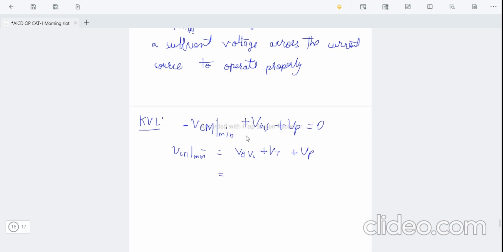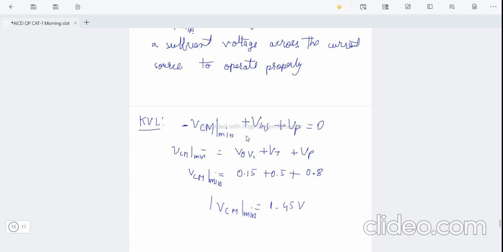We know the overdrive voltage of M1 is 0.15, the threshold voltage is 0.5, and VP, the minimum headroom voltage for the cascode current mirror, is 0.8 volts. Finally we'll be getting VCM min as 1.45 volts.